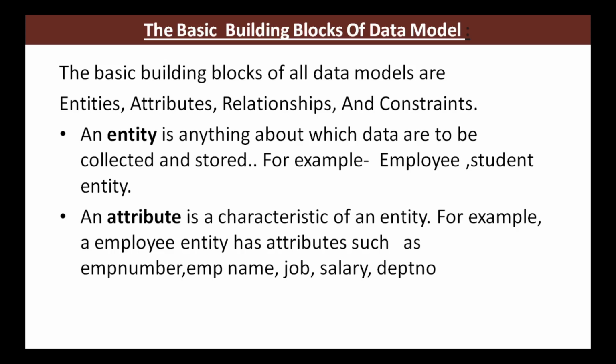Okay, so for example, if you take an employee entity, it has so many attributes like employee number, employee name, job, salary, department number, like that. If you take a student entity, it has attributes like student number, student name, marks, Aadhaar number, phone number, percentage, grade, like that.